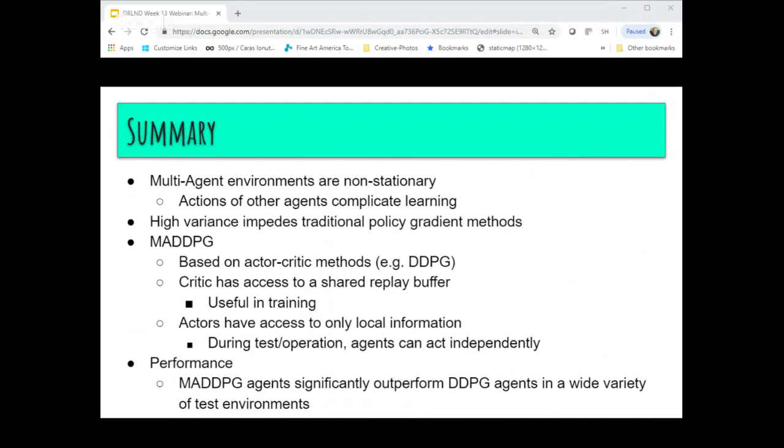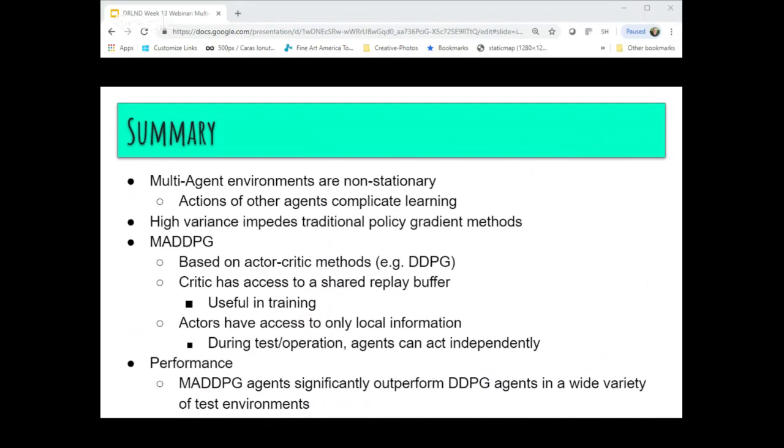The main change that they made was to have the critic use a shared replay buffer that gives the critic access to the actions and experience of all the other agents that are in the environment. That's used in training, but then during execution or operation, the actors are used, and they only have access to local information, so they can act independently of one another.